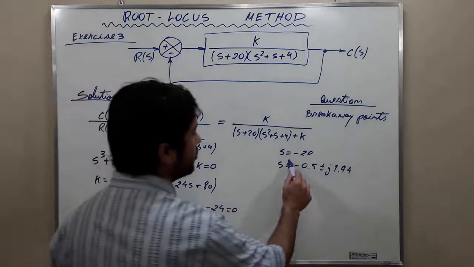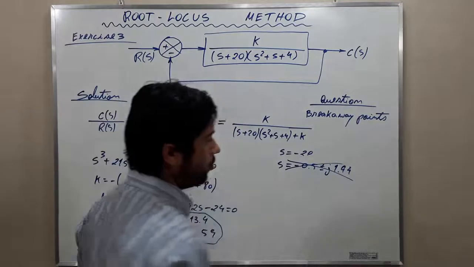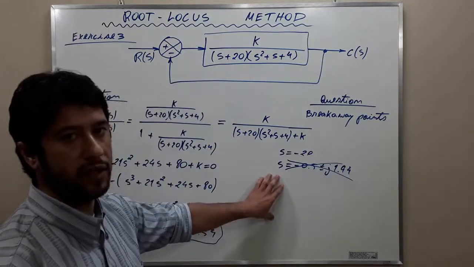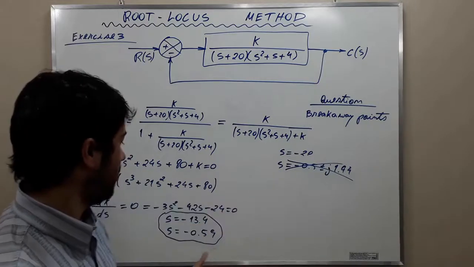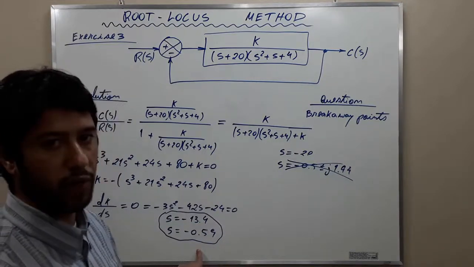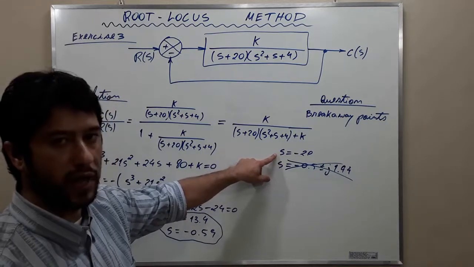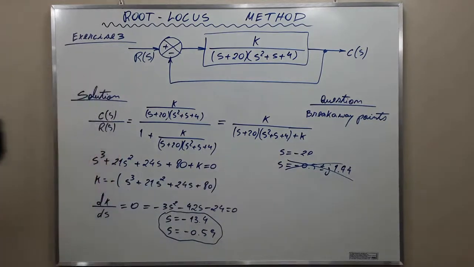So the contributions of these will be 360 degrees, and they will not help us decide whether or not these are breakaway points. We need to concentrate on this, negative 20. The range from minus 20 to minus infinity is part of the root locus on the real axis.